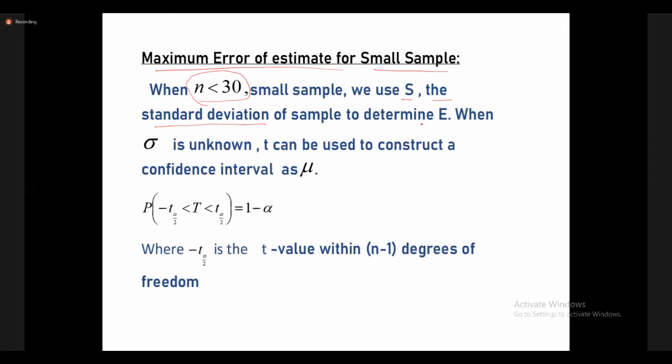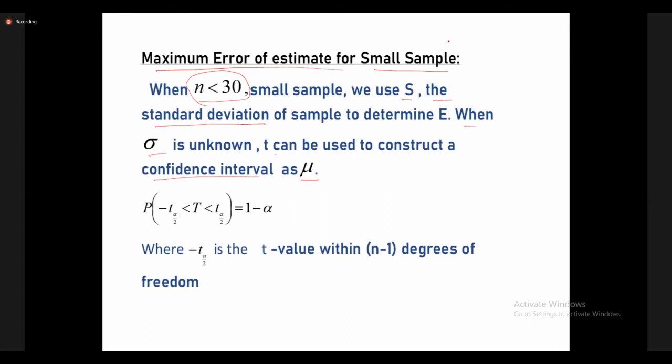When sigma is unknown, T can be used to construct the confidence interval for the population mean mu. Then the probability is given by the same thing.